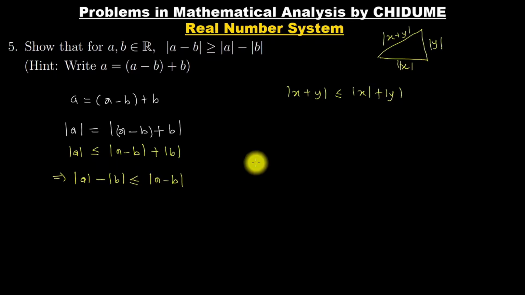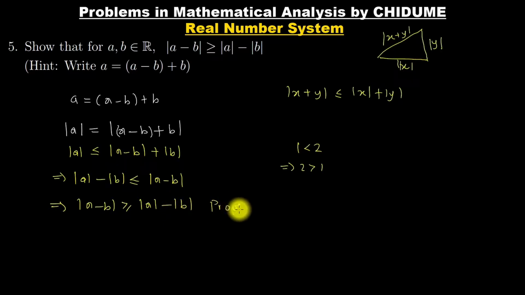And of course, if 1 is less than 2, that means 2 is greater than 1. So the absolute value of a minus b is greater or equal to the absolute value of a minus the absolute value of b. So again, the proof is complete. Let's move ahead to the next question.